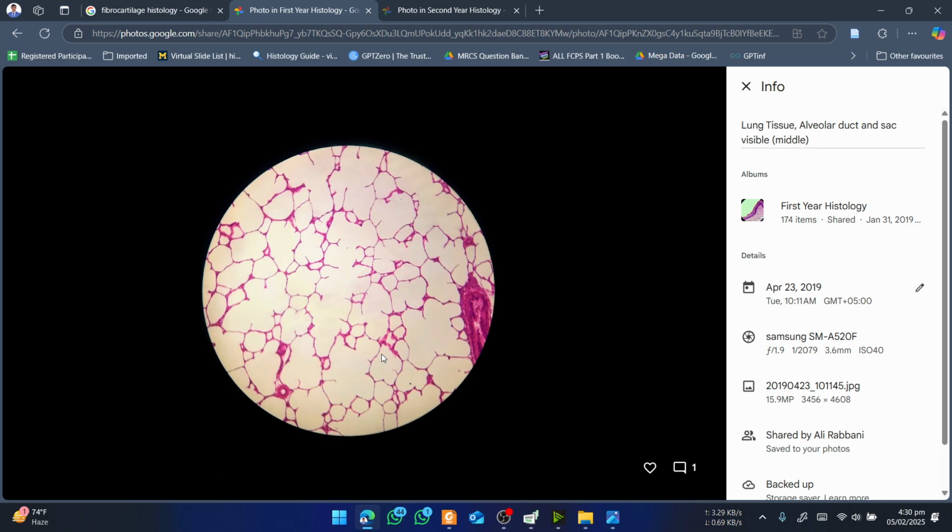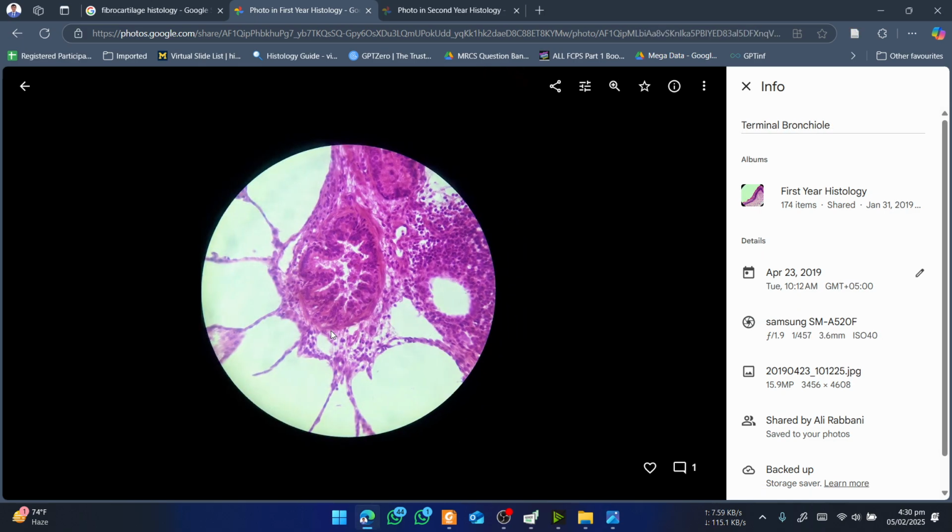This area is the alveolar sac, and different alveoli are opening into it like this. So this whole central area is an alveolar sac with alveoli opening into it. Technically it's an alveolar duct, but this can be an alveolar sac. You don't need to differentiate this much, but it's good to know.